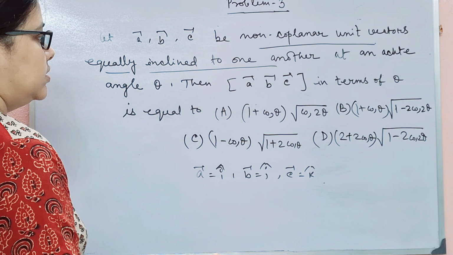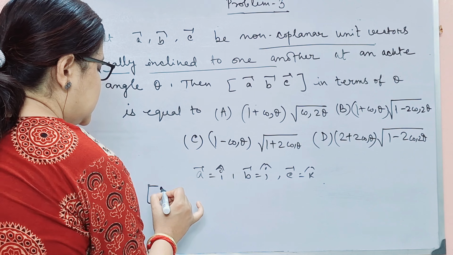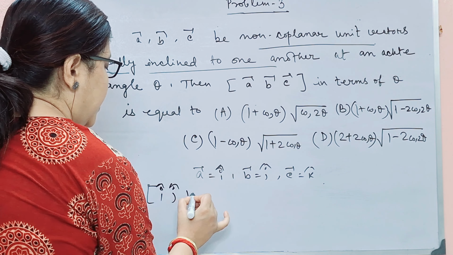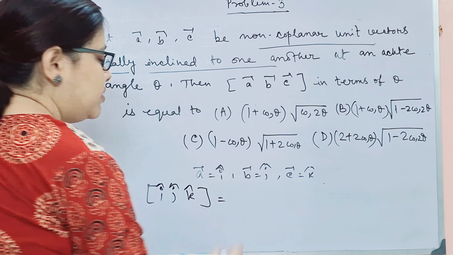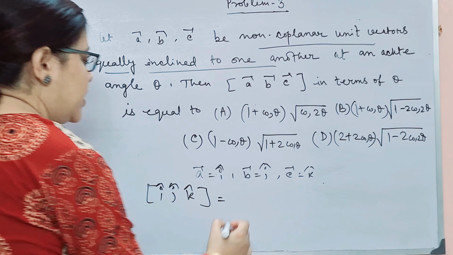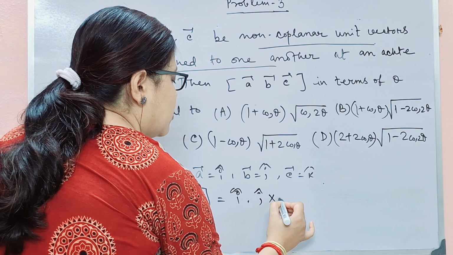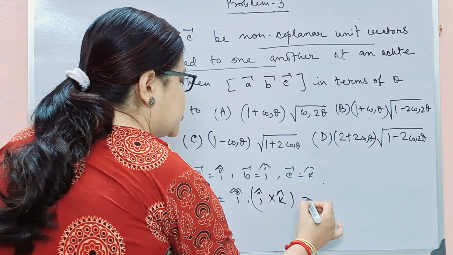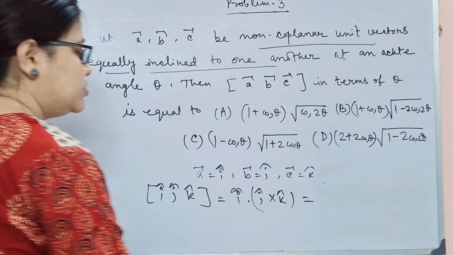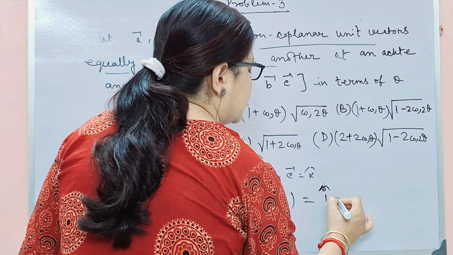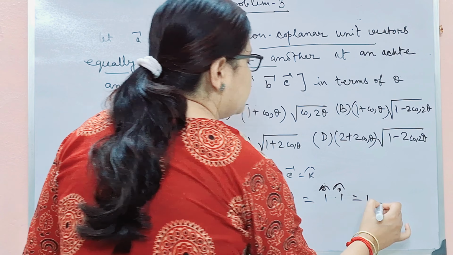Now the box of i, j, k is the scalar triple product of i, j, k, that is i dot (j cross k) by definition, and j cross k equals i. So i dot i equals 1.